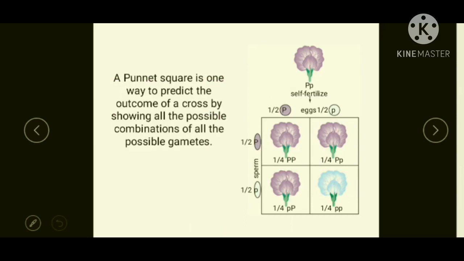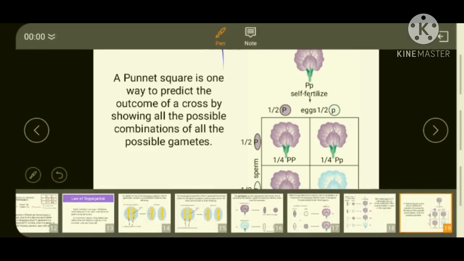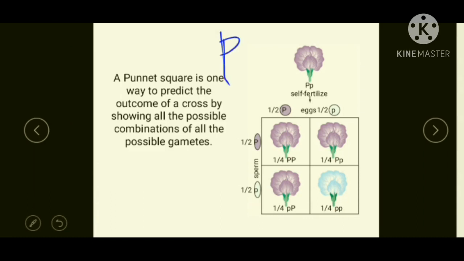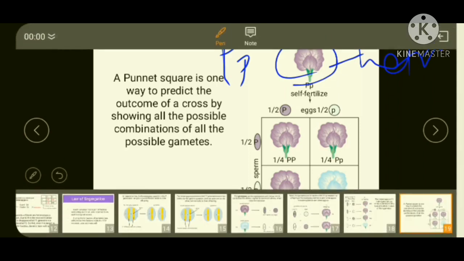A Punnett square is one way to predict the outcome of a cross by showing all the possible combinations of all the possible gametes. Here, when we self a heterozygous capital P and small p plant with a purple flower, which is heterozygous for the purple character, we cross P and p in the F1 generation.